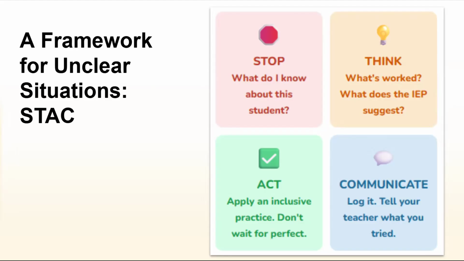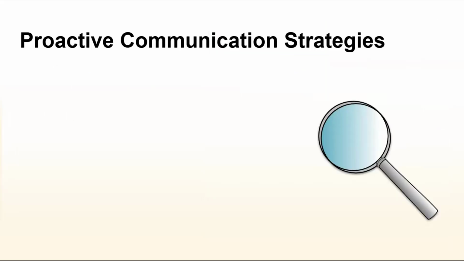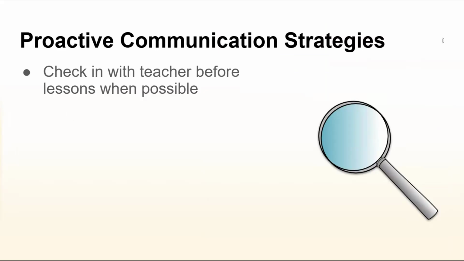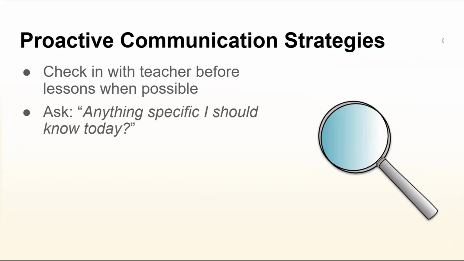So let's think a little bit more about some of these proactive communication strategies to support this stop, think, act, communicate. So proactive communication strategies. Do your best to check in with the teacher before lessons when possible, asking that anything specific I should know about today, like if there's math tests going on or it's data collection day and you know you're going to be going to collect data on a bunch of different students.